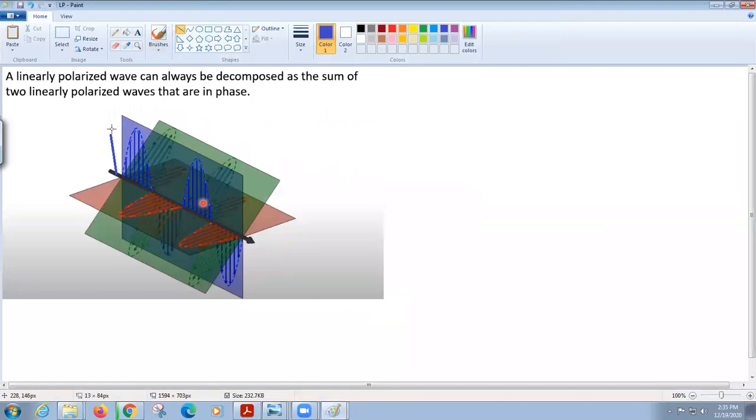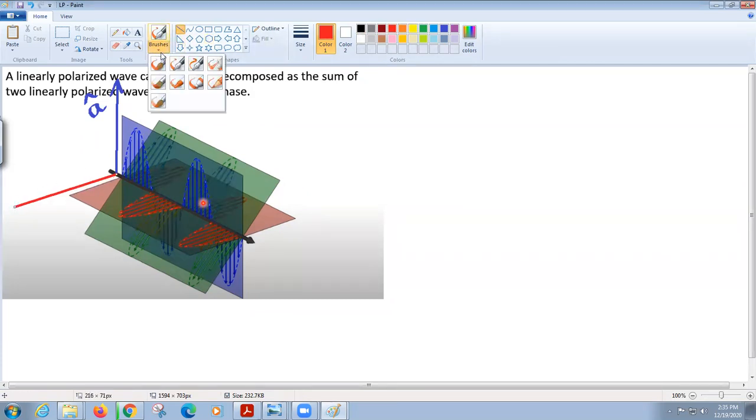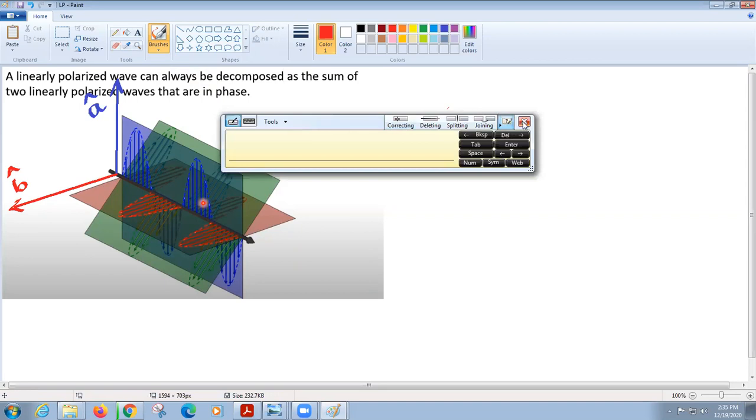This is along my direction A, and this is red, along B. So we have two directions, A and B, and these two are orthogonal with respect to each other.